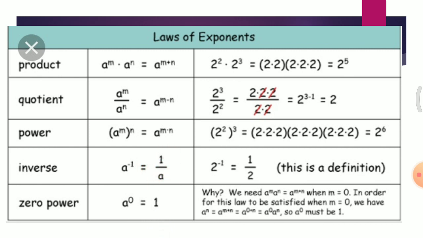Okay, because if the power is negative, you will write 1 by the base and power. Okay, in 0 power, a power 0 equals 1, because the value of the power 0 is 1. Okay, so without taking too much time, I want to start our lesson.